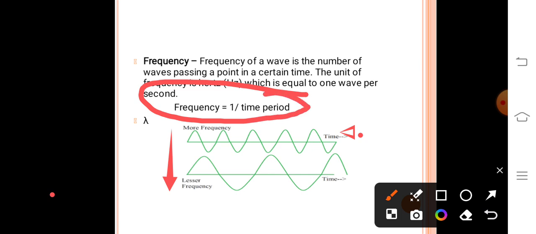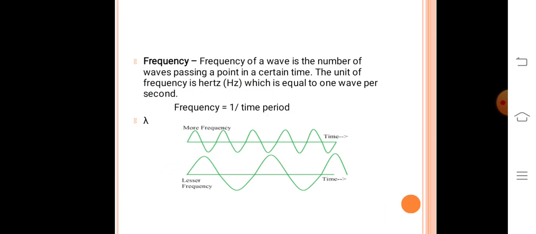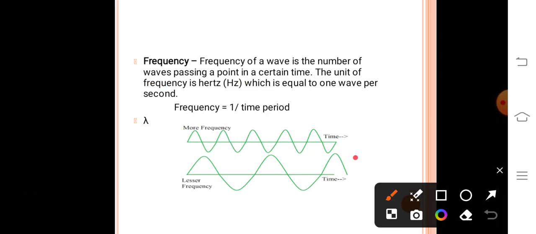On this basis we say that when the time period is minimum, the frequency is more. That is why this figure shows the higher frequency. The other figure shows the lower frequency because the time period of one complete vibrational cycle is very high, or maximum, so the frequency is minimum.